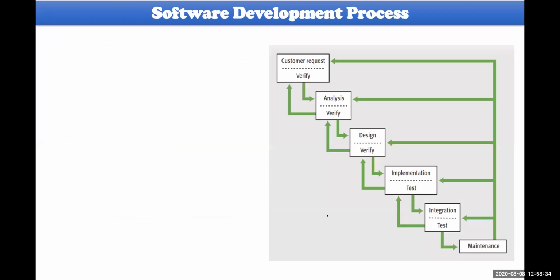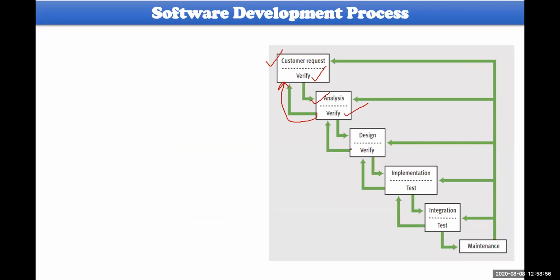As far as the application point of view, look at this. Customer request. If it is okay, then go to analysis. At the analysis part, you may have some question, so you will come back to the customer request and check what the customer has requested. If analysis is okay, then we go to design.